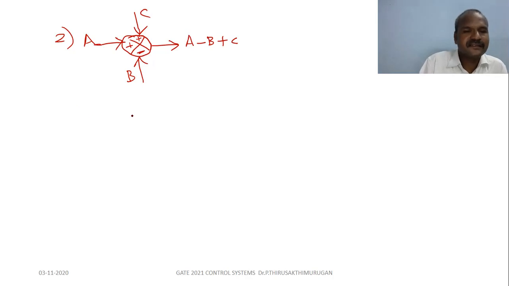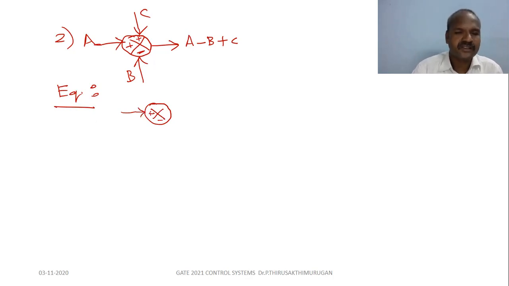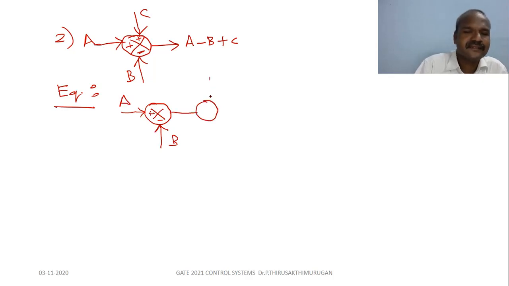So just this is equivalent. Just realize the possible ways to alter the blocks and junctions. The equivalent is A, and B with the subtractor, since B is on the negative side, then just separately add C. This is another method.